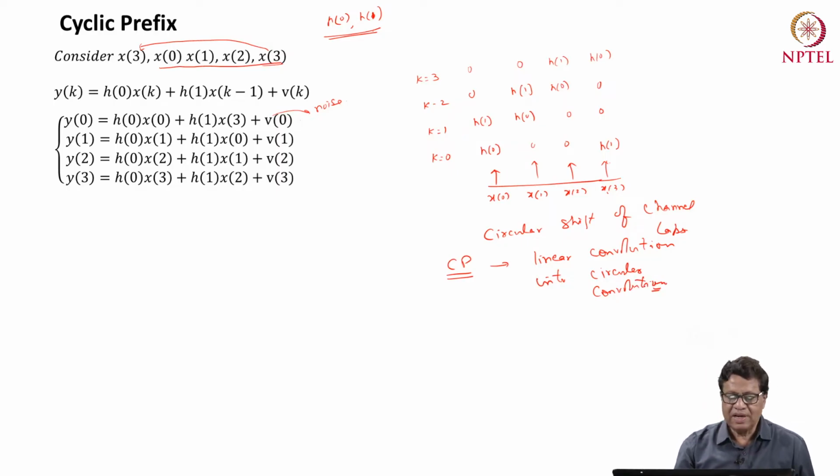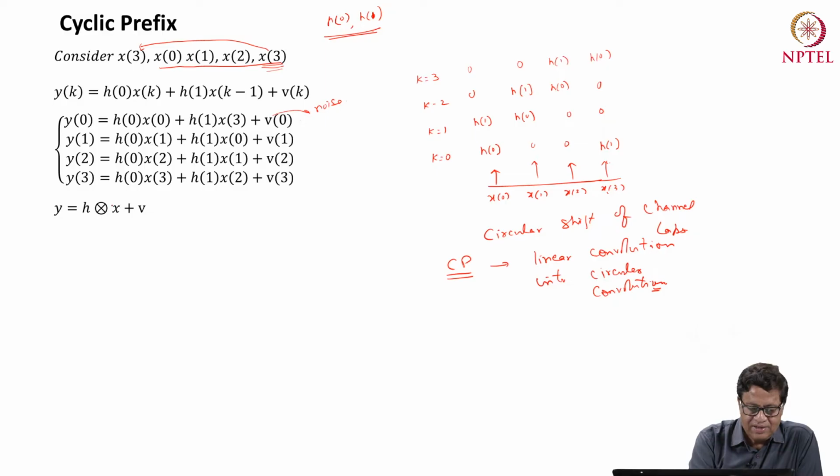This is what the cyclic prefix has done, and this is clear from this simple example where I have used x3 as the cyclic prefix to the samples x0, x1, x2, x3. So y is actually a circular convolution. This is different from linear convolution.